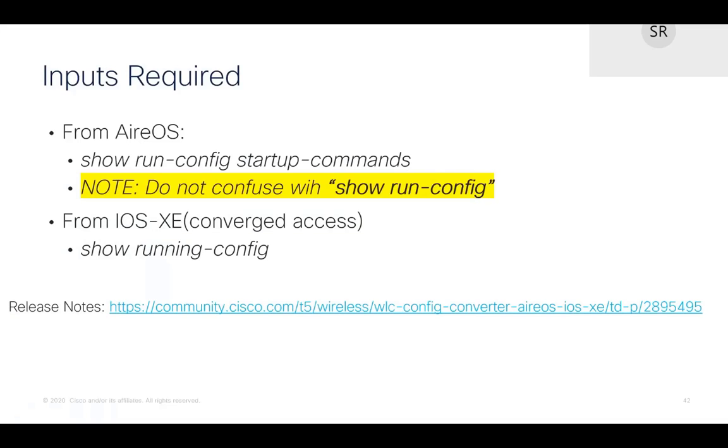You need to feed the TFTP backup config or the show run-config startup commands, which you should be able to get either via CLI or GUI. This is completely different from the show run-config command, which is a more disorganized list of configuration commands that AireOS prints. If you don't feed this input, the tool returns no output, and that's one of the most common questions, unfortunately, on why there's no conversion happening.